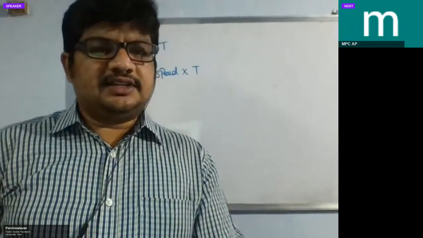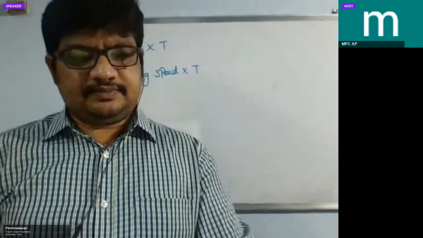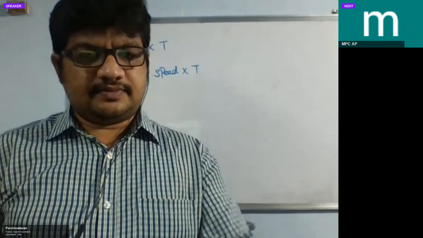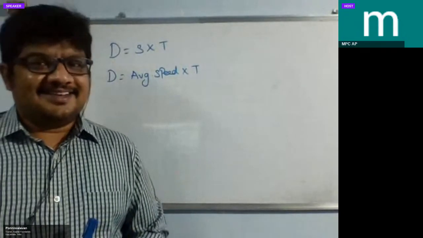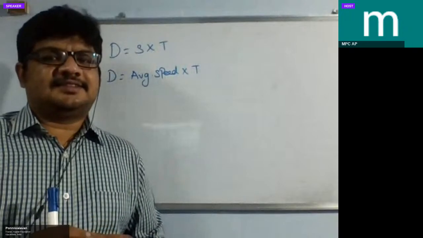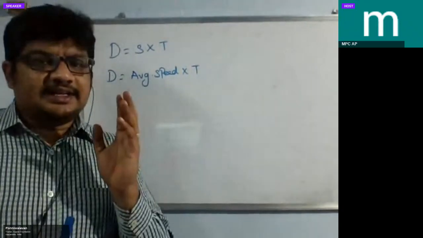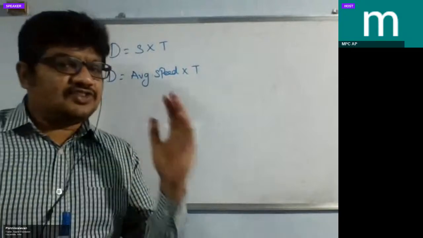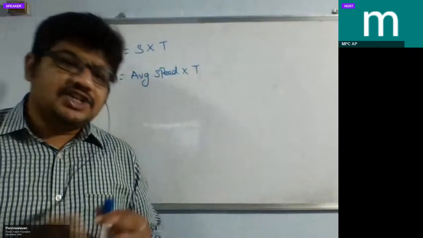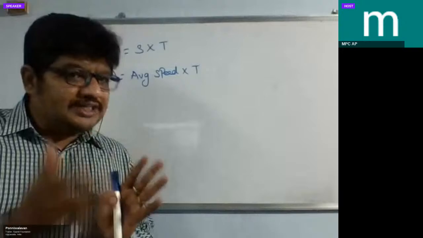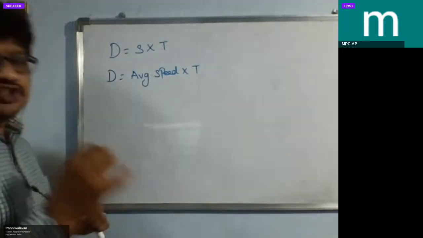He traveled the first half of the journey at 21 kilometer per hour and the second half at 24 kilometer per hour.